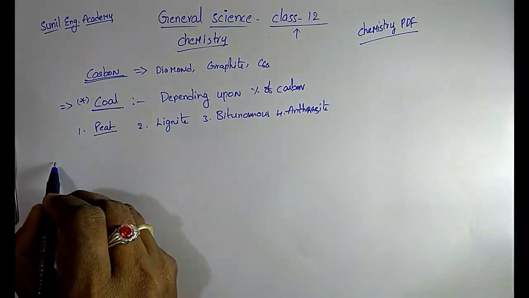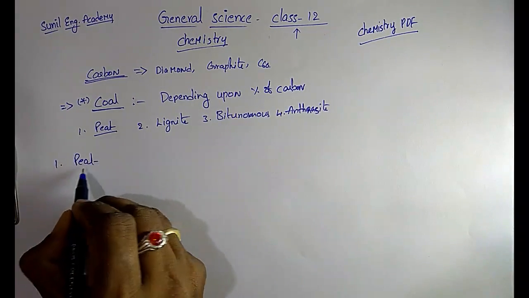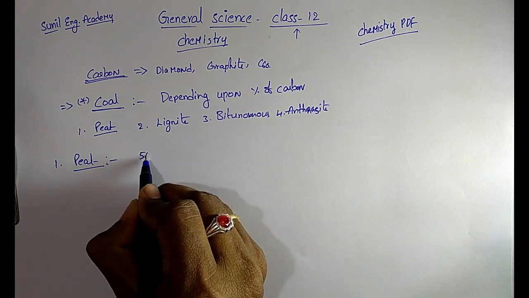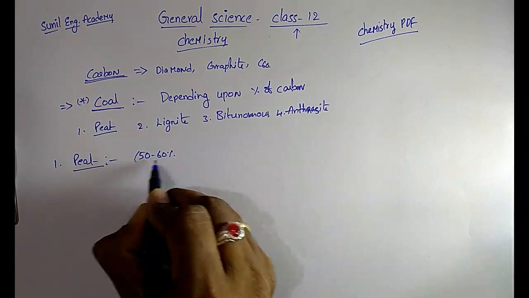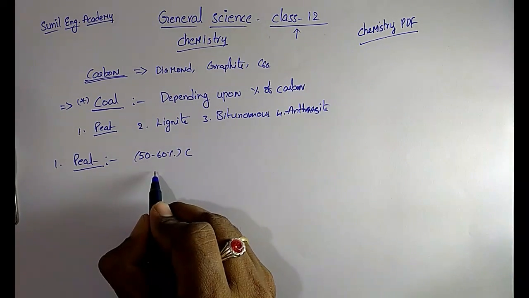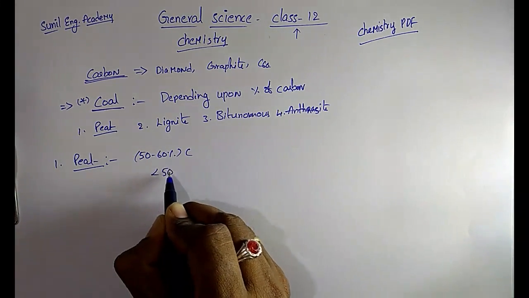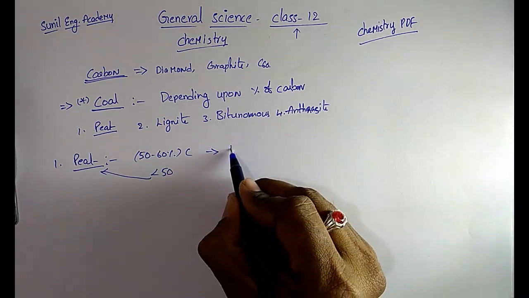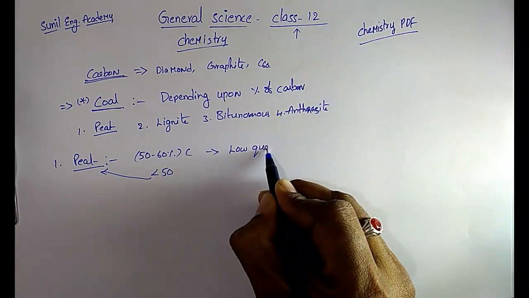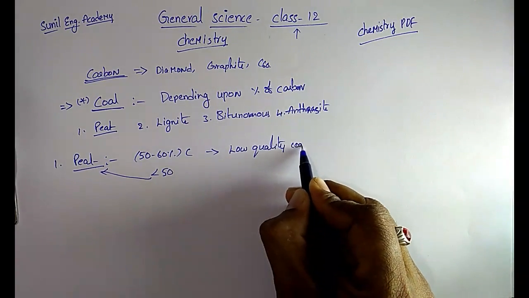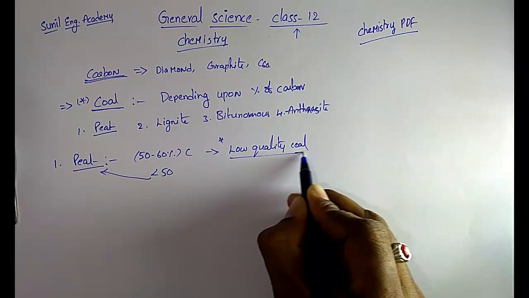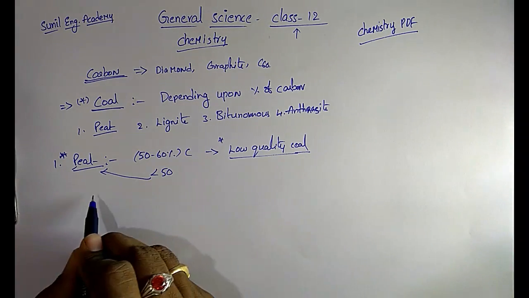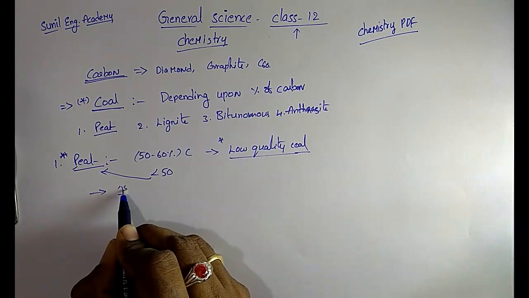First of all, taking peat: here the percentage of carbon is nearly 50 to 60%, or less than 50% also is called peat. So it is a low quality coal. Very important question: the low quality coal is nothing but peat. It is the first stage of transformation.